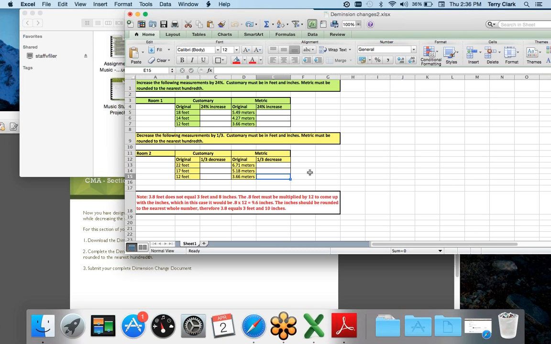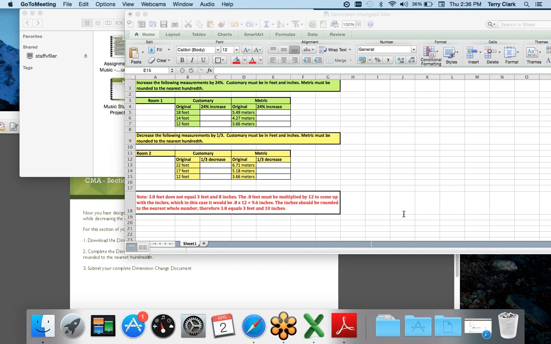You round up to the nearest whole number. Okay, I think with the metric, I don't know with the metric. Let's see. With the metric, you round to the nearest hundredth. Let's say if you have 12.357 meters, that'll equal 0.36.